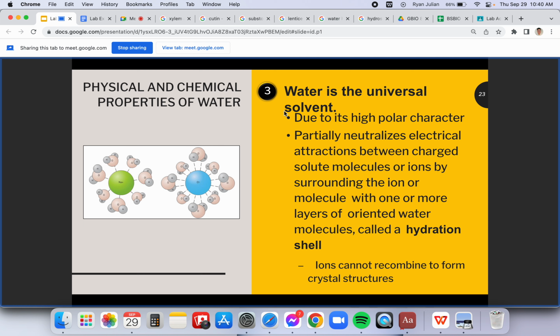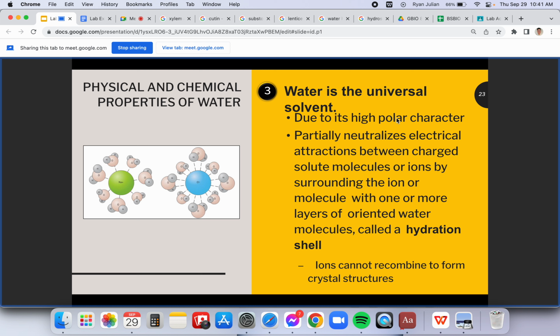Okay. For the other chemical properties of water, it is said to be the universal solvent, which means that water is utilized to dissolve a lot of substances as compared to other fluids available out there. It is called the universal solvent because of its high polar character.